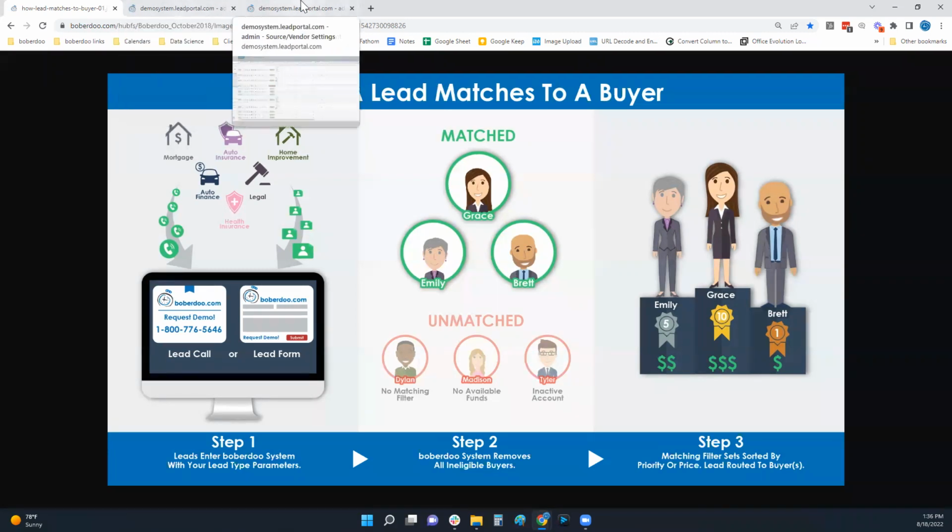Now, you may see this could cause some issues because what happens if the lead comes in and you deliver the lead to Emily and she accepts the lead, but then you go to deliver to Brett the next non-exclusive revenue scenario and Brett rejects the lead. Now your Boberdoo system will recalculate the next best revenue scenario.